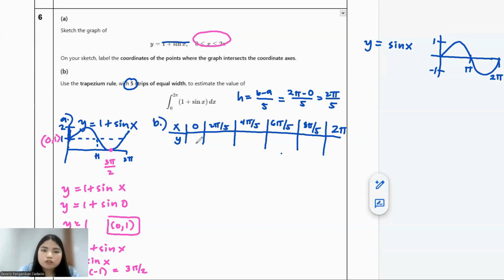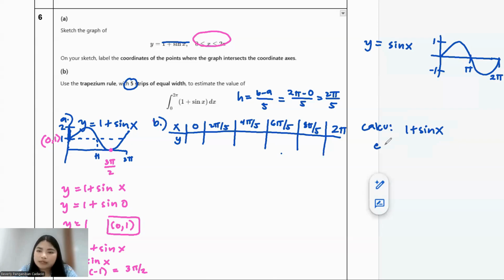And what you're going to do is to complete each of your y by putting it in the calculator. What you're going to put in the calculator is your function. You must put your 1 plus sin x only, without the integral, please. Only that, and you keep on changing your x.